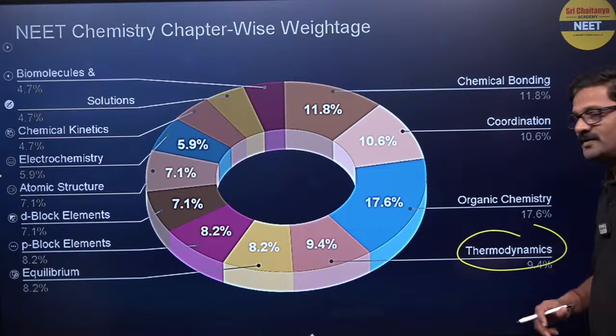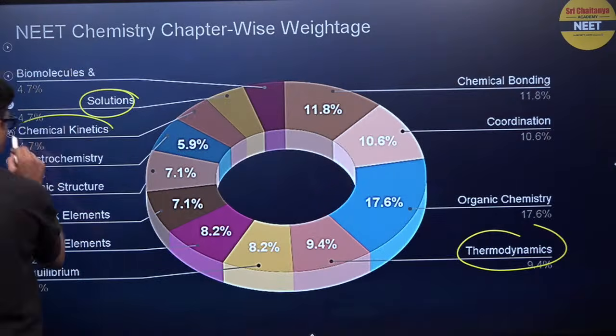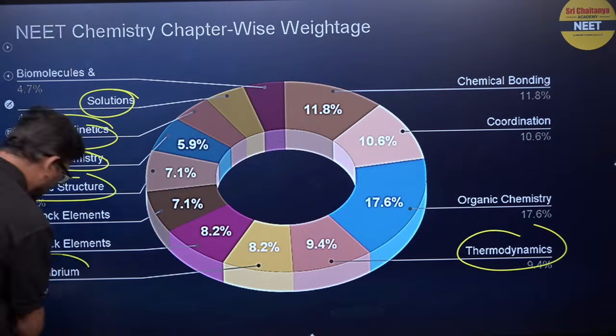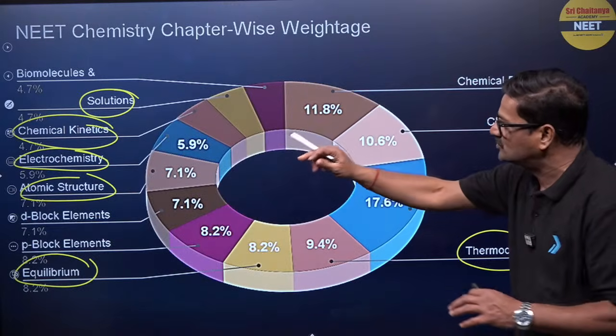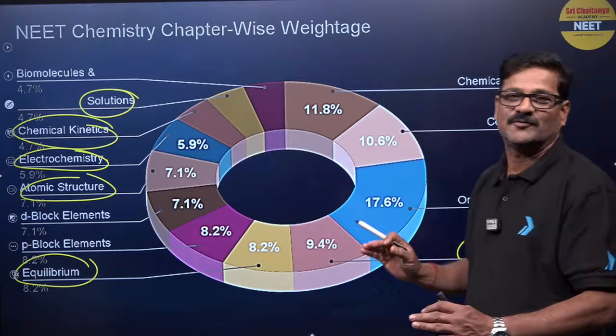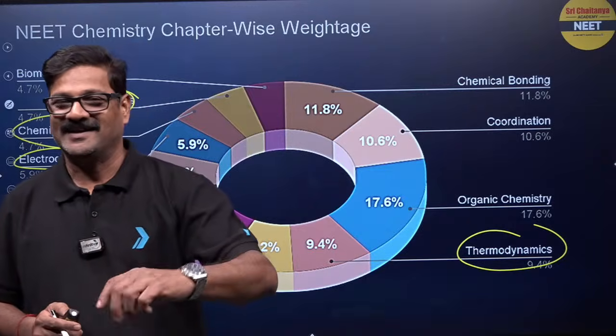Thermodynamics is 9.4% of the questions, then chemical kinetics, solutions, and the circled ones related to equilibrium and atomic structure. The circled ones, 1, 2, 3, 4, 5 and 6, you are going to get from the physical part where numerical chemistry is seen.